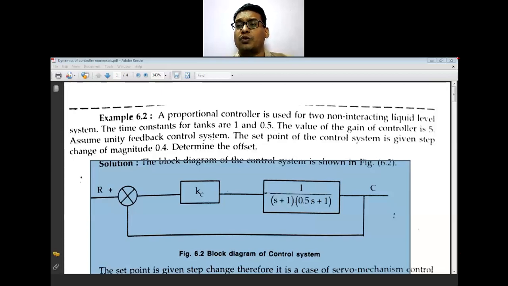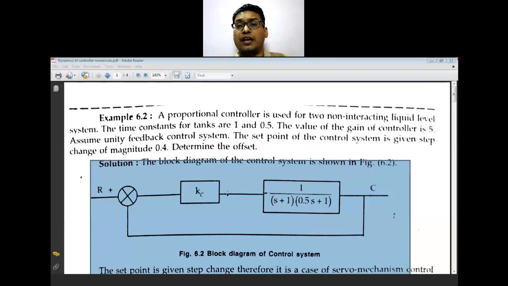The set point of the control system is given a step change of magnitude 0.4. Determine the offset. So in this example, the block diagram is not mentioned, even then you can solve this numerical. Now what is given in the numerical? A proportional controller is given and the two non-interacting liquid level systems are also given.